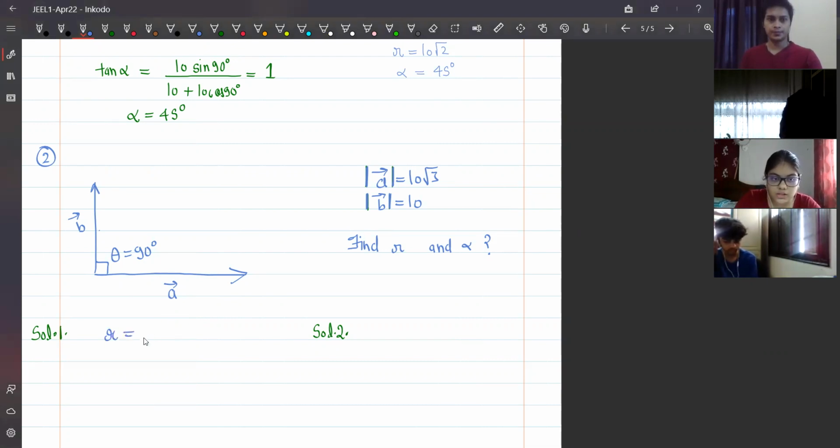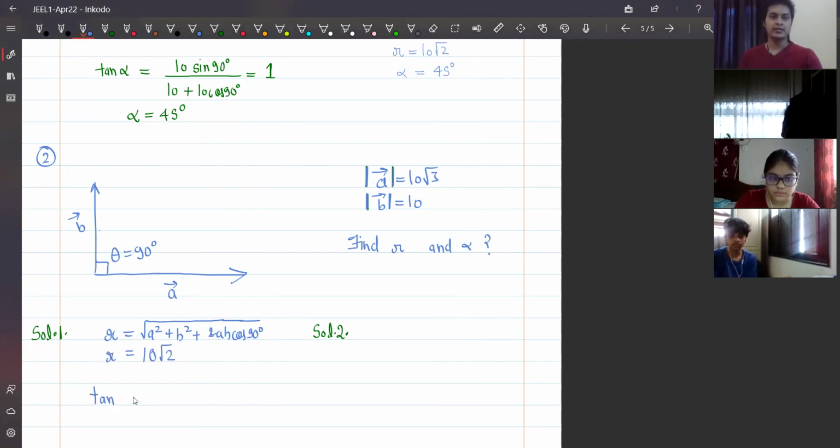I got 200. 200? Root 200, I think. Root over 200. Yeah. Root 200. We'll use this formula, root over A square plus B square plus 2AB cos 90. That will be root over 200. Root over 200 can be written as 10 root 2.